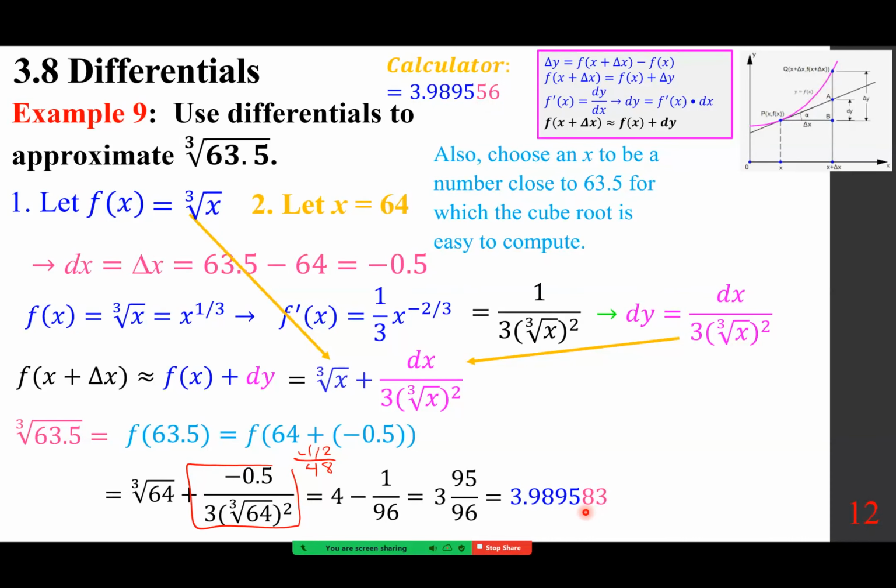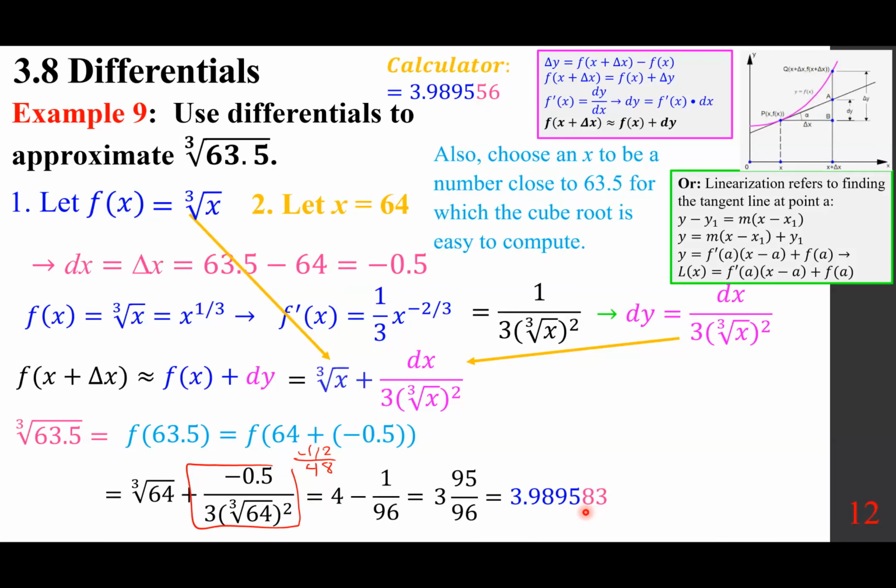I want to remind you of the second method, linearization, which simply put, you find the tangent line at x equals 64. If I plug in 64, I get 4. My pair x comma y is 64 comma 4.